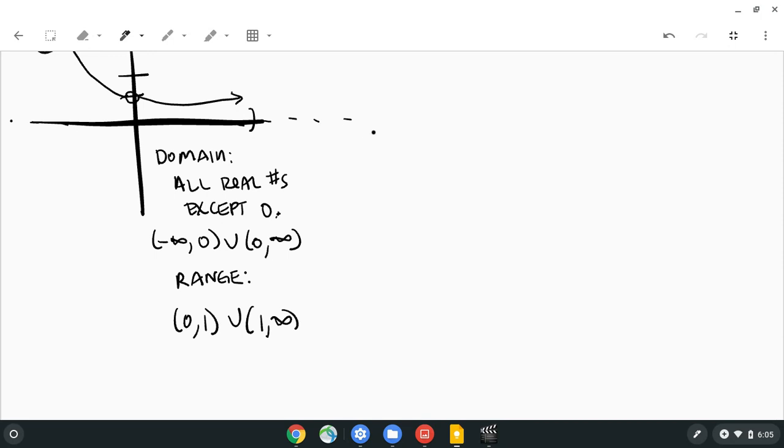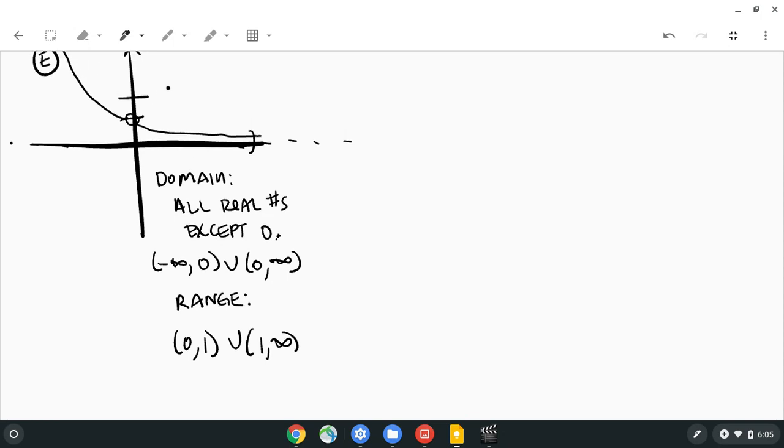Let me draw this a little better. So here, you can see it's getting really close to 0, but never really getting to it. So it just kind of hovers right close to 0. Starting from just above 0, it keeps going, actually skips 1, but then it starts going higher.